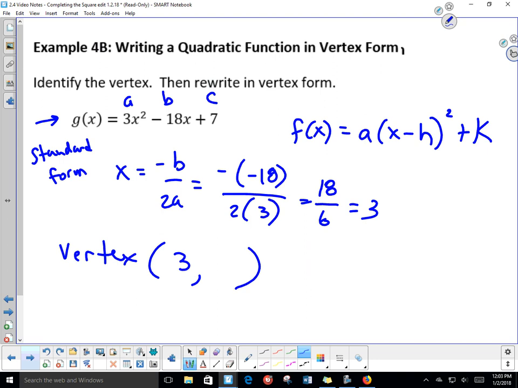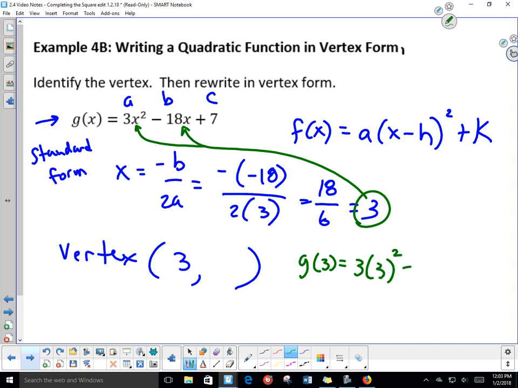So let's plug this 3 in for x here and here to see what we get. So we really want to find out what is g of 3. So it's going to be 3 times 3 squared minus 18 times 3 plus 7. And so when we do that, we get, let's see, 3 times 9, got to do the squaring first, that's 27, minus 18 times 3, so that is 54, I think.